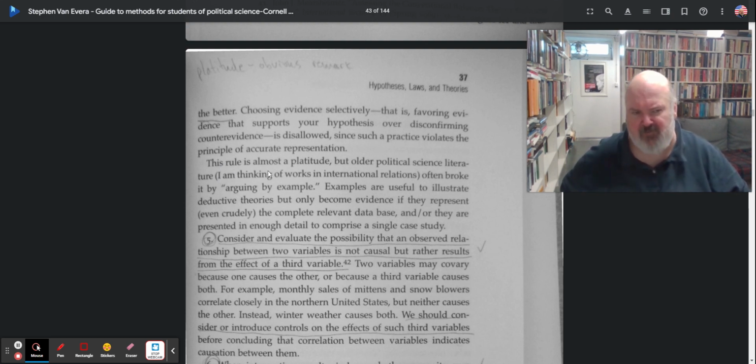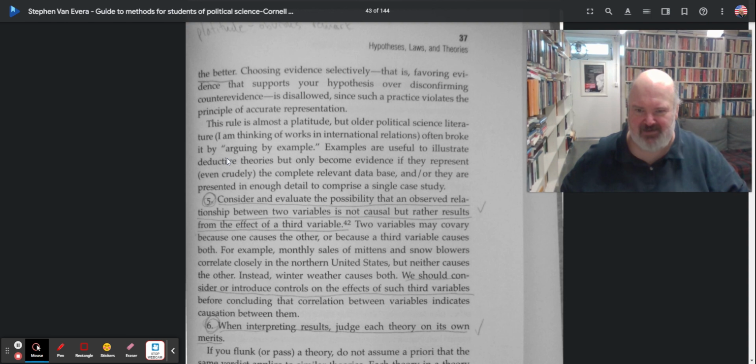And that's why using such cheats is a fallacy. In other words, it is fallacious reasoning to do that, cherry picking, and therefore this rule is almost a platitude. But older political science literature, I'm thinking of the works in international relations, often broke it by arguing by example.